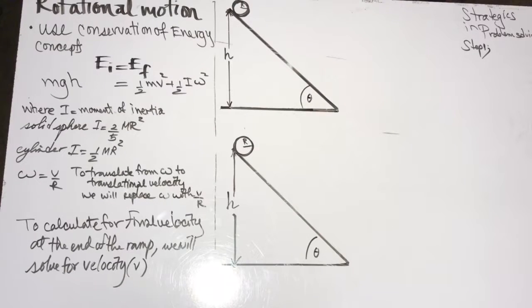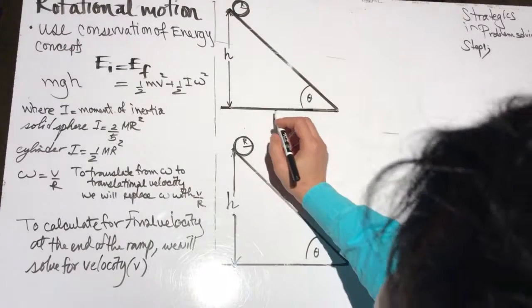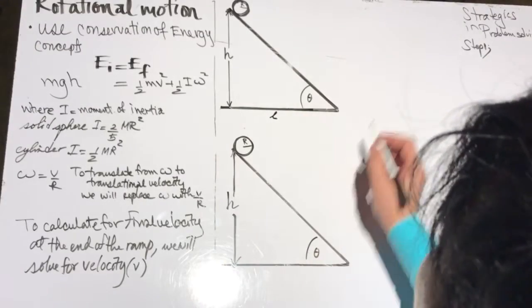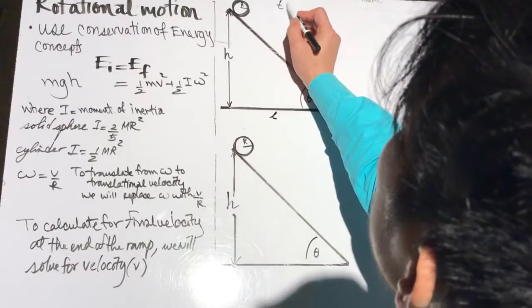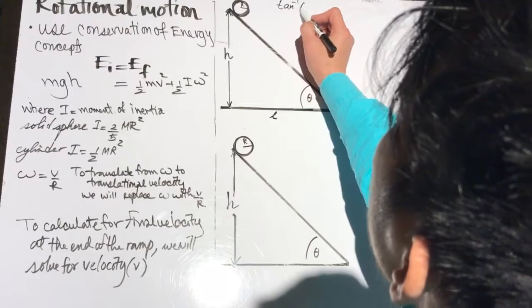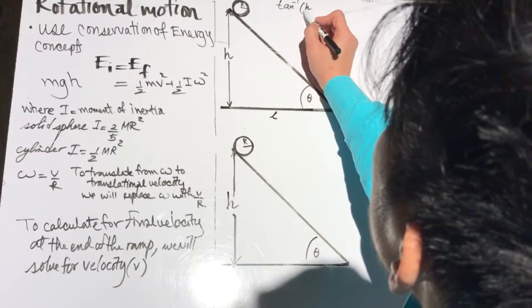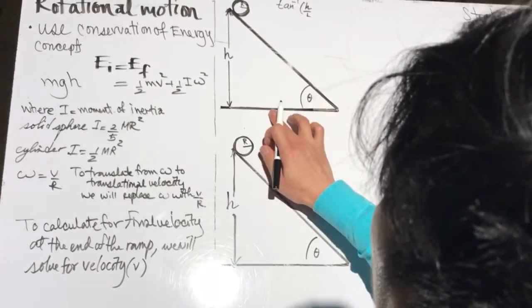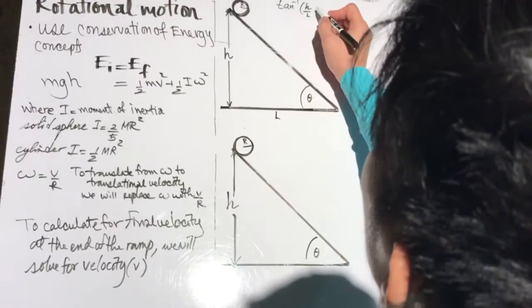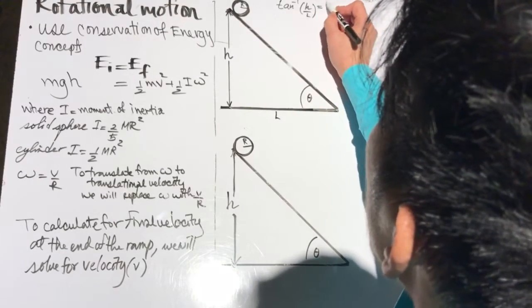So from your experiment, what you did to figure out the angle was you figured out the length here, okay? So it will be inverse tan of the height divided by the length. That gives you the angle.